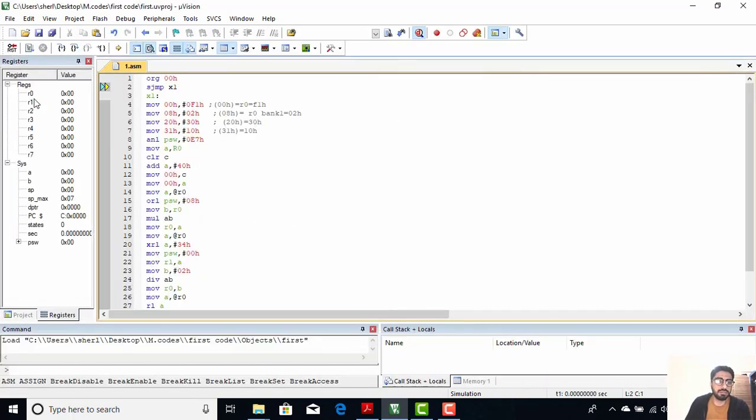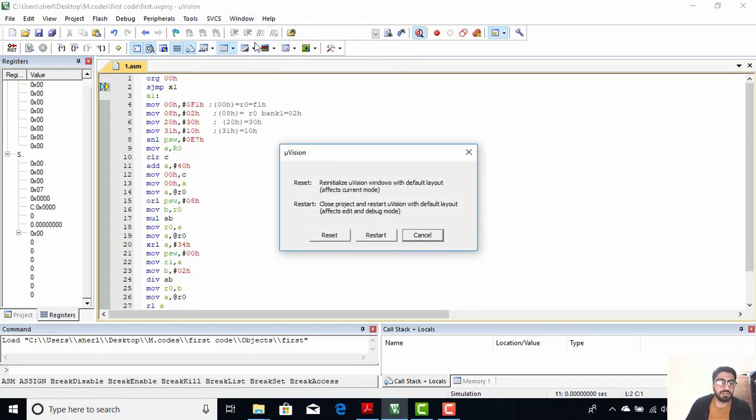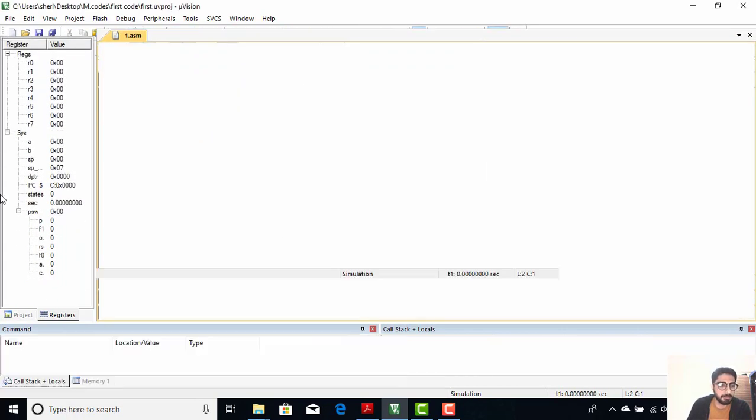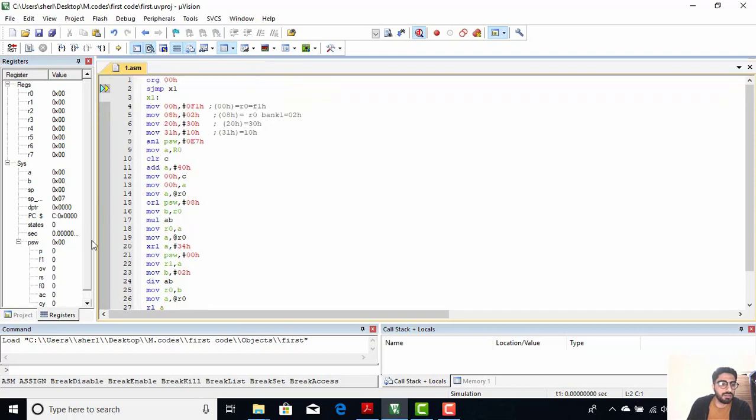When we run the program, we get this window which contains the values of the registers from R0 to R7, and the accumulator and the B register, and the program status word. Also, if we see this kind of problem, you can solve it by using reset. So now you can see the values of the array and the carry and the parity.